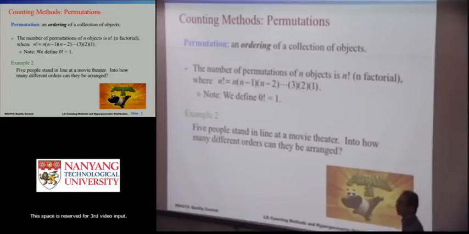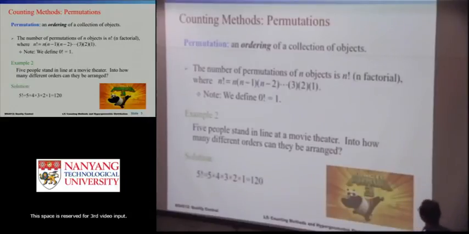Those 4 seats will not be available for you. So in this question, the order does matter. This is a permutation problem. So we need to use n factorial. n equals 5, so n factorial is 5 times 4 times 3 times 2 times 1 equals 120.